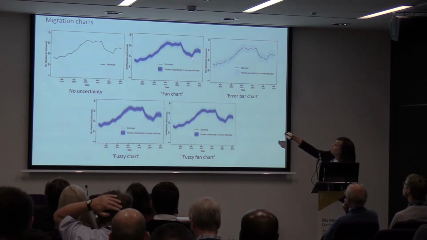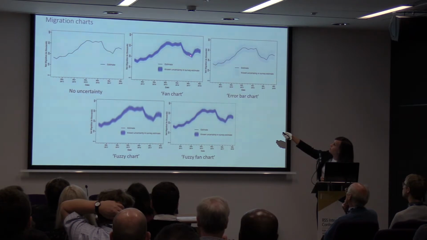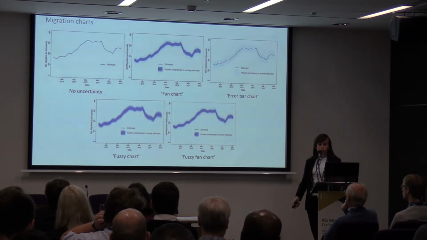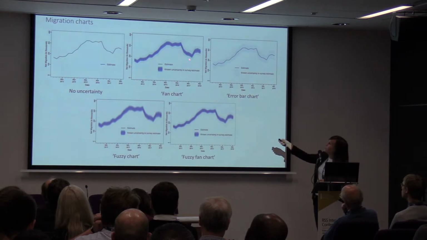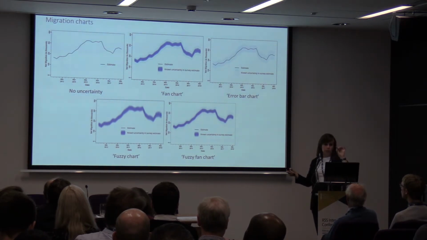This one here is the 30% confidence interval, the 60% confidence interval, and the 95% confidence interval separated in different bands of different colours. This fuzzy fan is this one with, rather than distinct bands, the bands just fuzzed a little bit.